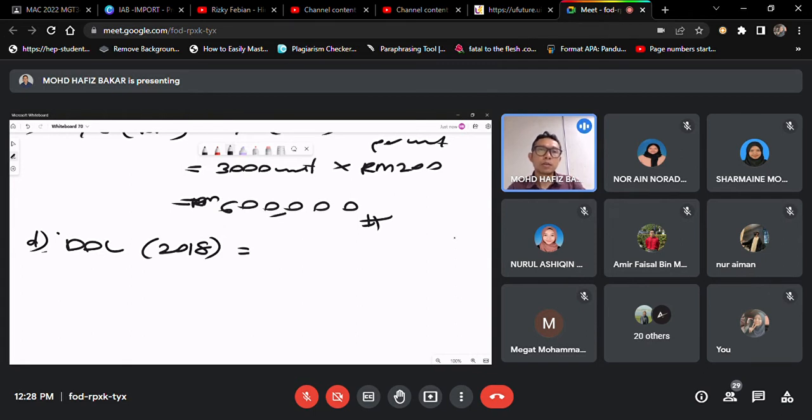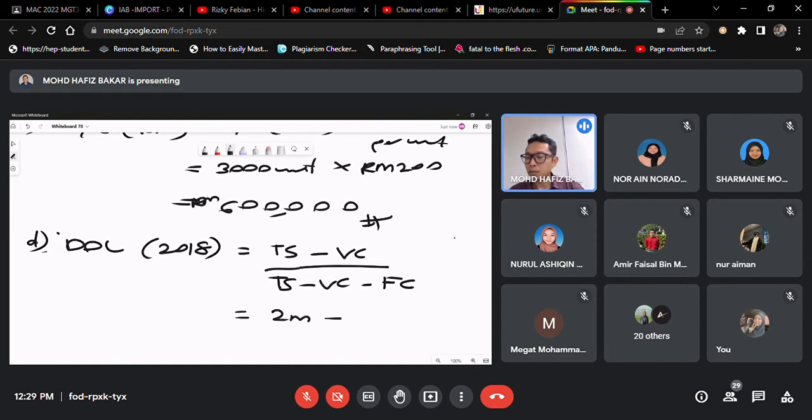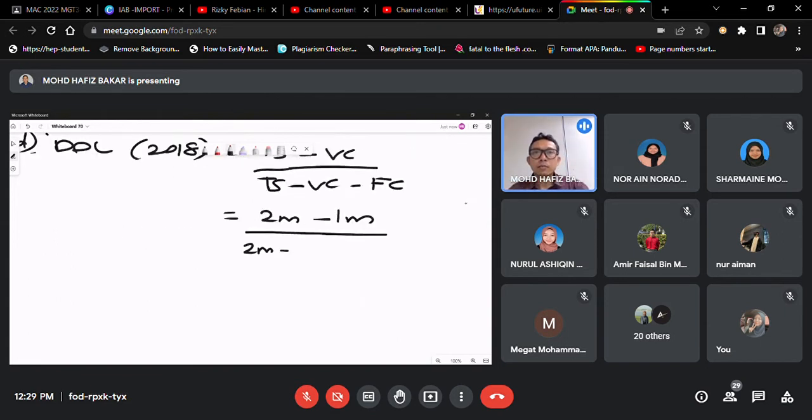What is the formula for DOL? Okay, total sales minus variable cost divided by total sales minus variable cost minus fixed cost. Okay, kalau ikut information provide in the question kat dalam table tu, you can use the second formula for DOL. Okay, boleh gunakan this one lah. Okay, so 2018. Total sales is 2 million. 2 million minus total variable cost 1 million, divided by total sales 2 million minus 1 million minus fixed cost 300,000.